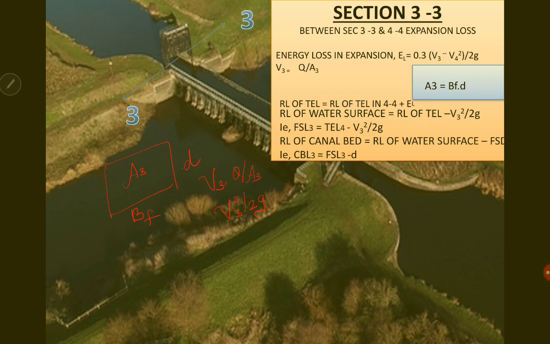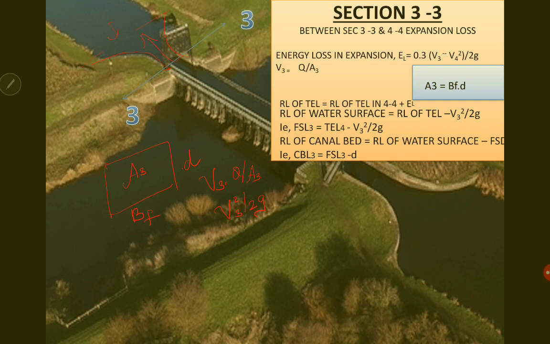Though we are analyzing in this direction, let us consider the water direction. Water is going to flow from section 3 to section 4. In open channel hydraulics, you may have studied the expansion losses, right? So from 3 to 4, the water is going to get expanded. In that case, there will be expansion losses. What is the formula for finding expansion loss?